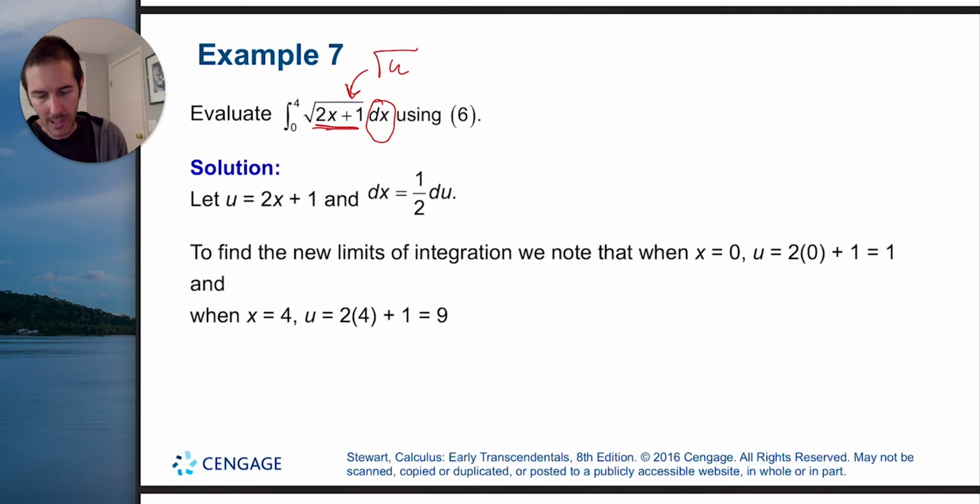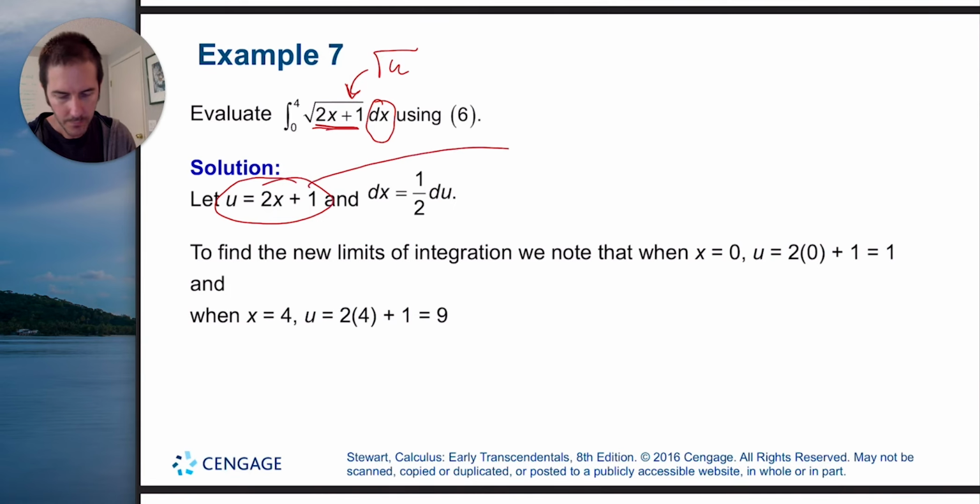And when we let u equal 2x plus 1 and we take the derivative of both sides, we actually initially find that the derivative of u, so the derivative of the left-hand side, becomes du. The right-hand side becomes 2 dx.